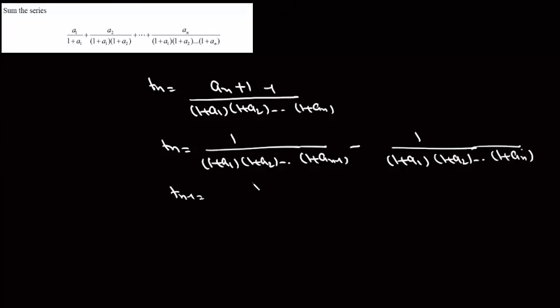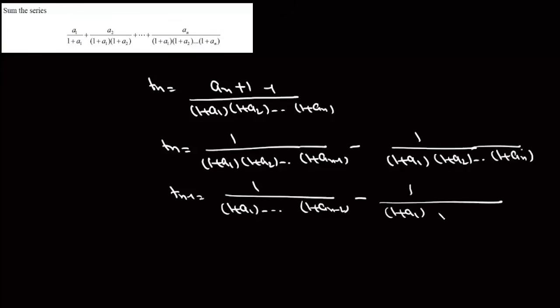Now T n minus 1 will be 1 upon (1 plus a1)...(1 plus a n minus 2) minus 1 upon (1 plus a1)(1 plus a2) up to (1 plus a n minus 1), and for T1 that will be 1 minus 1 upon (1 plus a1).